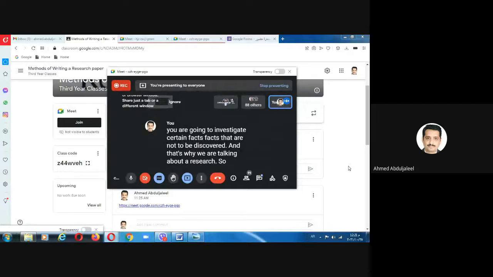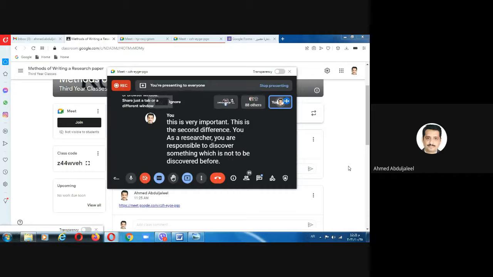So you are not only collecting information, you are responsible to discover, and this is very important. This is the second difference. You as a researcher are responsible to discover something which has not been discovered before.